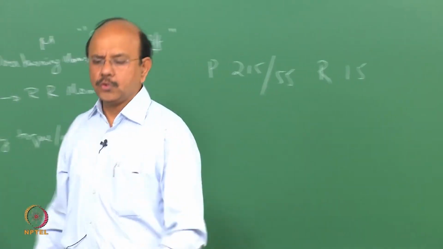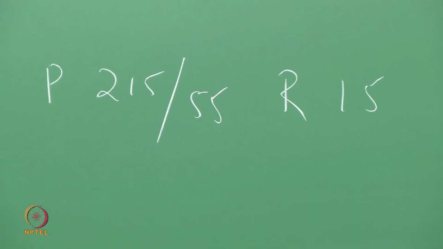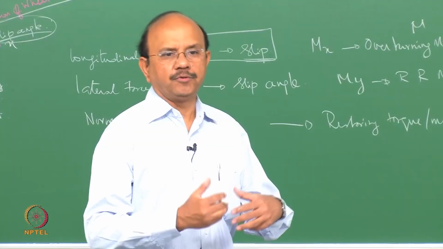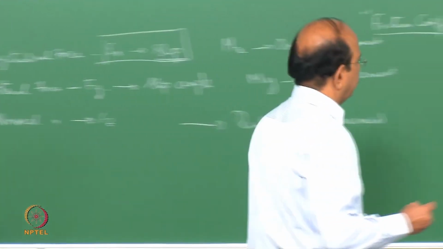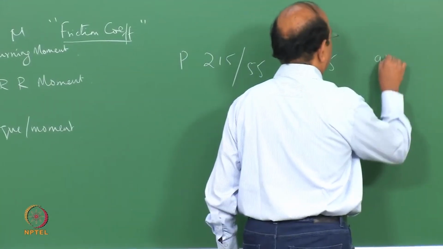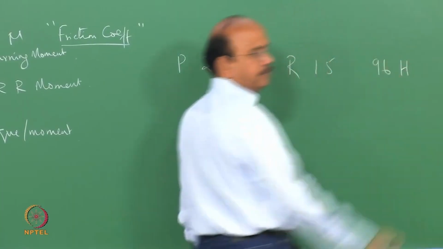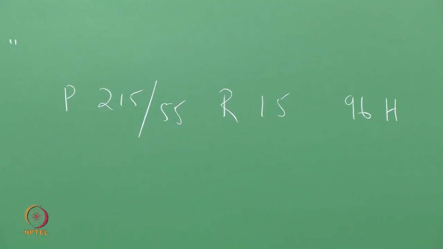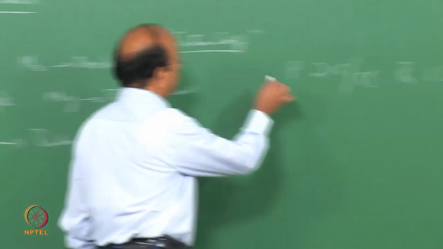This is what you would usually specify. Sometimes you would go ahead and specify a number and a letter. Each one of them has a meaning. P is the passenger car tire.